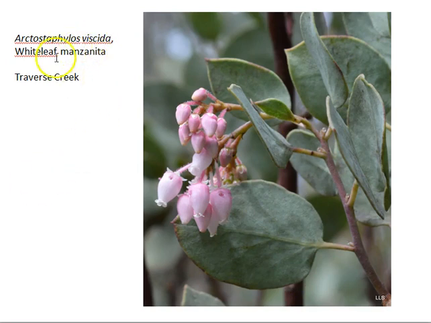The name viscida, viscid means sticky, and that's because the pedicels in the inflorescence are sticky. They have glandular hairs. We do have a panicle. This is a panicle for the inflorescence. This is not one of those plants that has a basal burl. Okay, so it can't resprout after a fire.